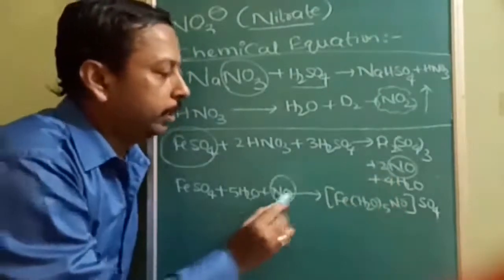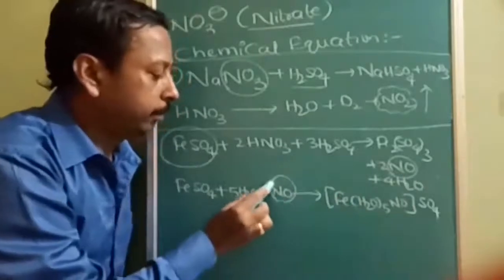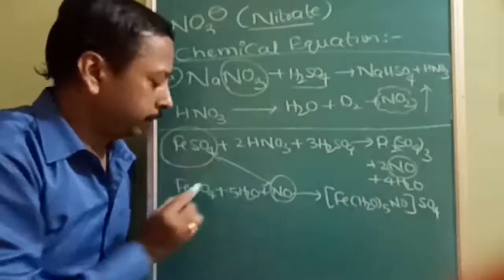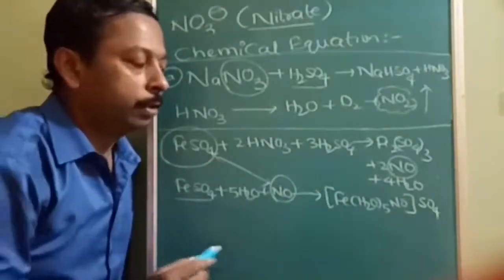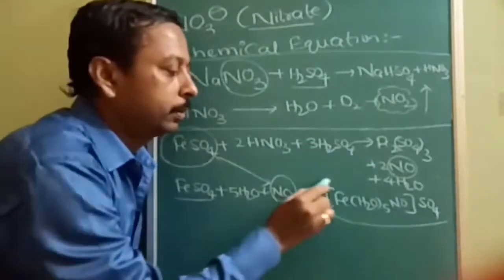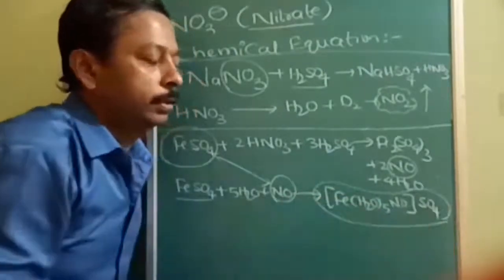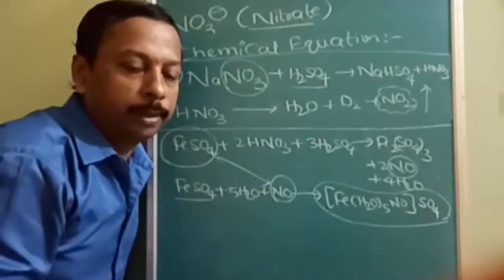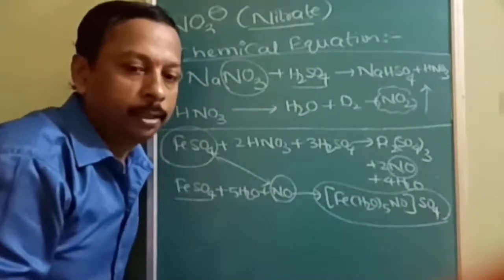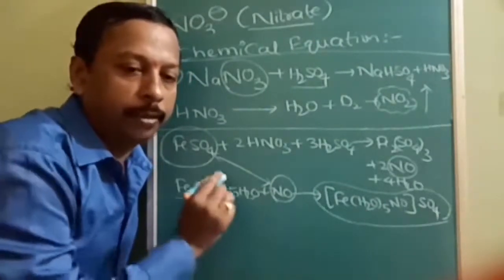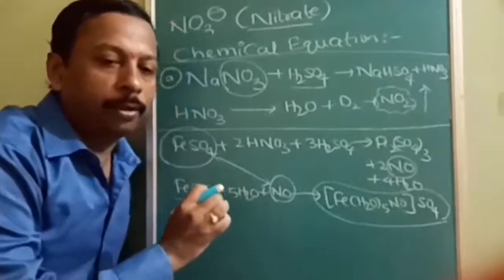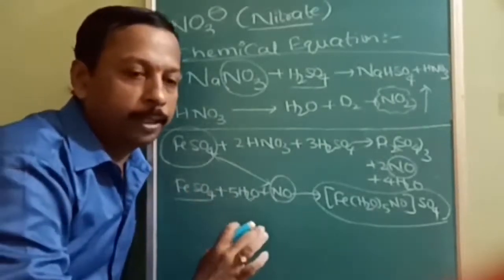So that nitric oxide formed in the first step further reacts with some more ferrous sulfate to form this complex. This is called the brown ring complex. Plenty of questions will be there. There won't be any direct question.